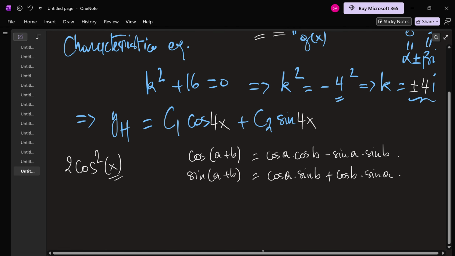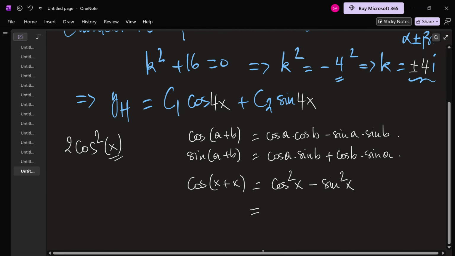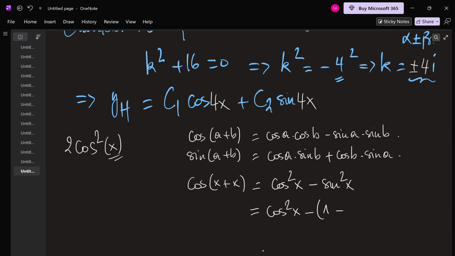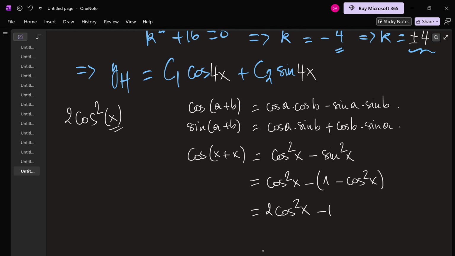If we have cos x plus x, we should get cos squared x minus sine squared x, and in this case we have cos squared x minus the sine, which is 1 minus cos squared x, so finally you get 2 cos squared x minus 1, which is equal to cos 2x.